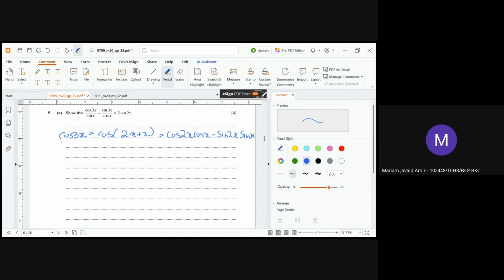We'll do the same for sin 3x. Rewrite it as sin (2x plus x), which gives us sin 2x cos x plus cos 2x sin x.